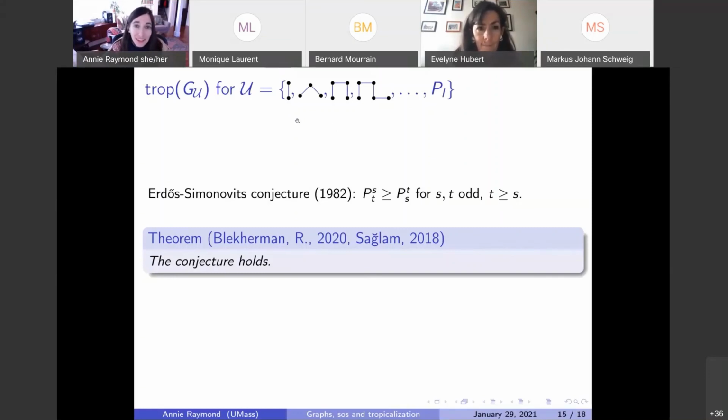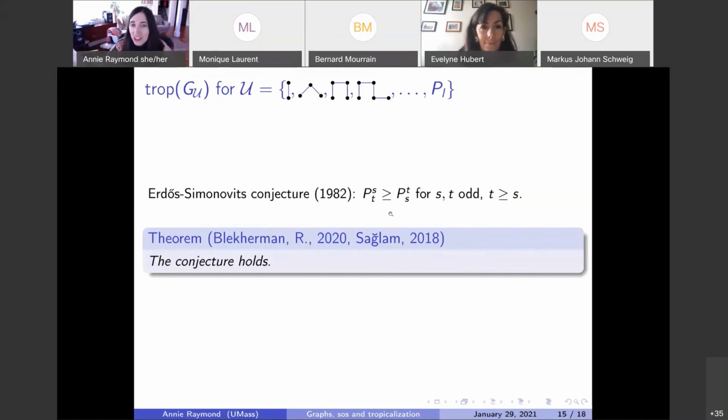Through the tropicalization with paths, it is easy to show that the conjecture holds. When we did this, we didn't know, but Sağlam had already solved it in 2018 in a completely different way. But this is one example.